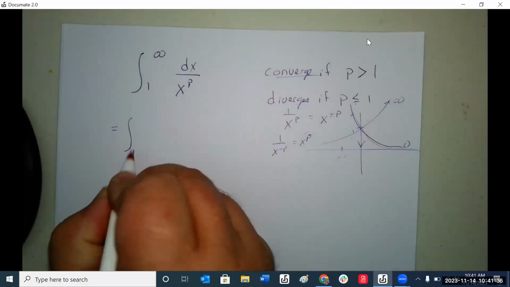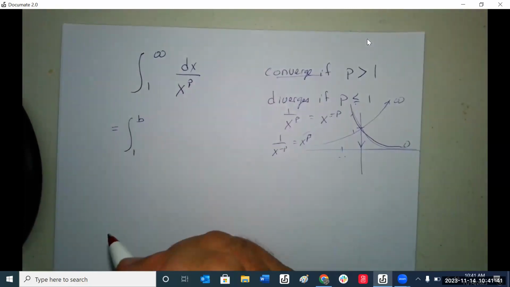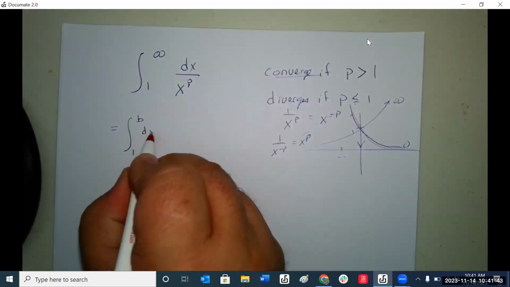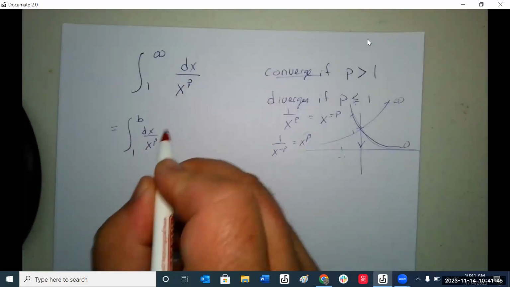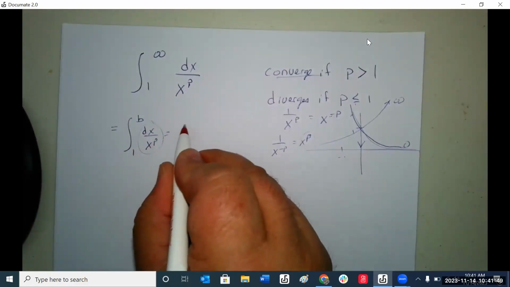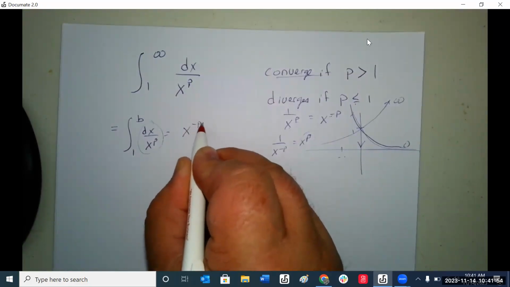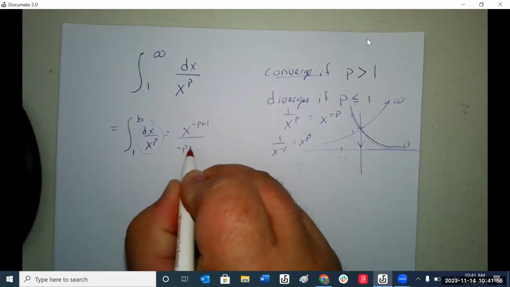So we're going to go from 1 to some value b, because we're going to infinity. The integral of this is x to the negative p plus 1, over negative p plus 1.